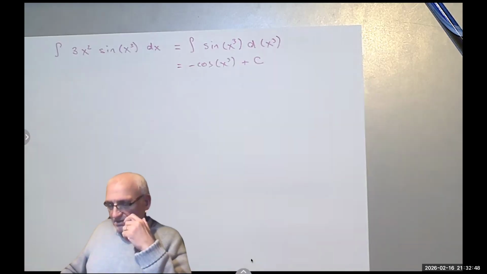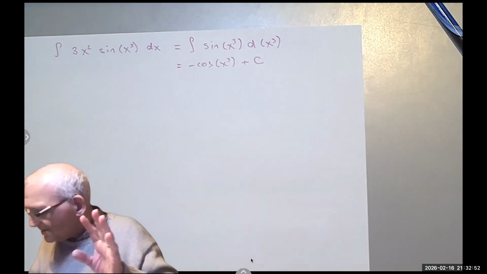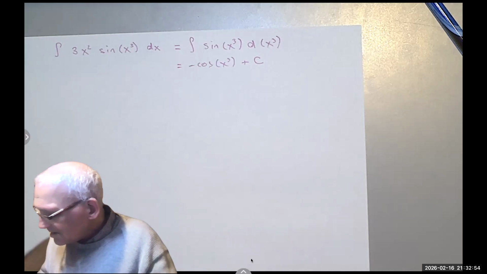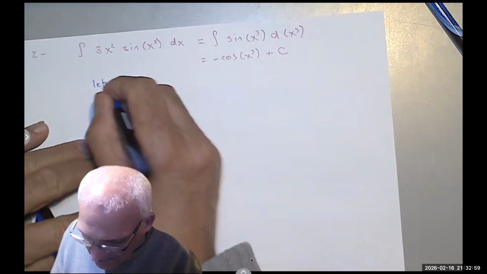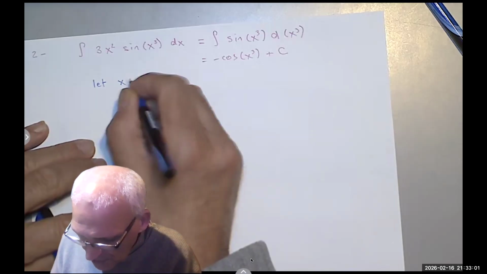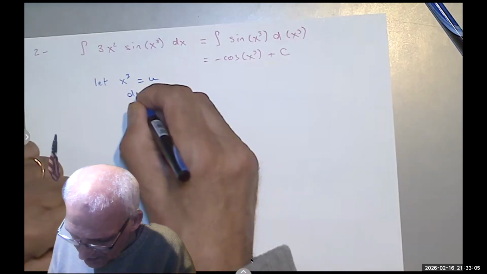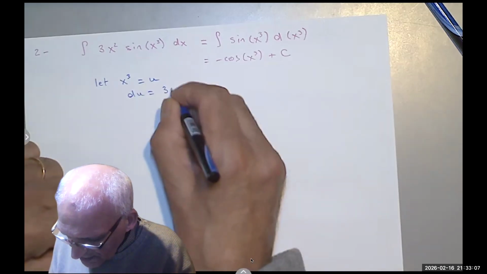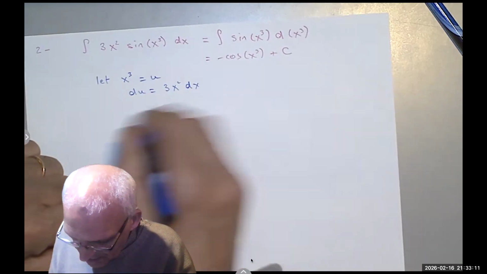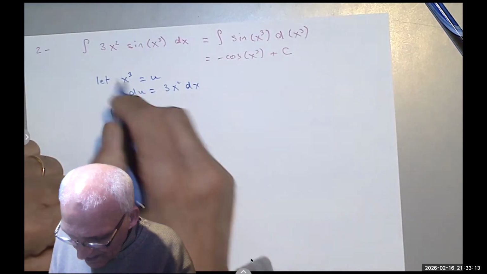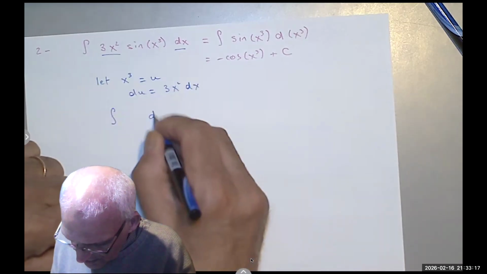And you say, I don't see that. Let me check what Mohammed is saying. I'm going to say let x cubed equal u, it doesn't matter. So du equals 3x squared dx. So I'm going to say, okay, this is the integral. 3x squared dx is du.